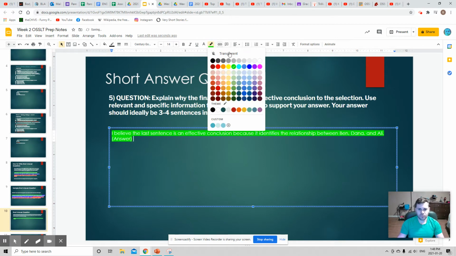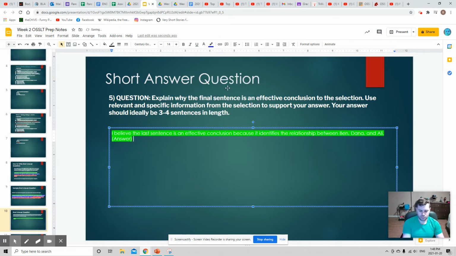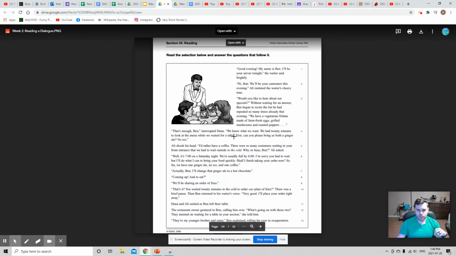Next is prove. The reader assumes... Now I want to use some specific details and quotes from the story.